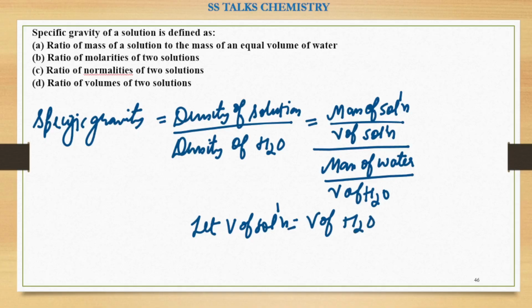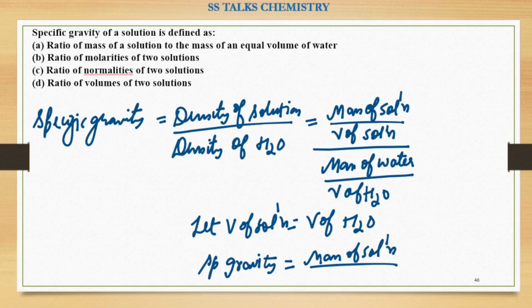At that point the specific gravity will be equal to the ratio of the mass of the solution to the mass of the water. So this is going to be the definition of it.